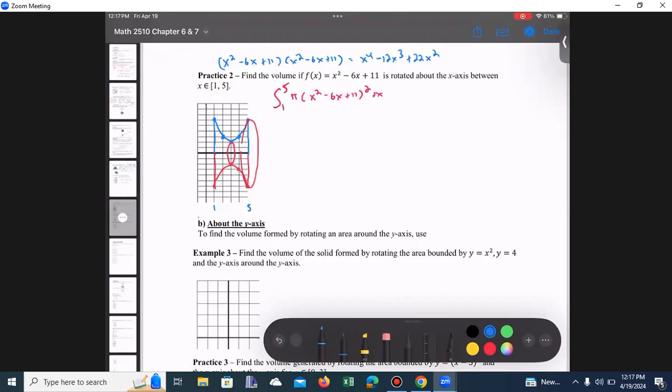And then we'll have 36x squared as well. Let's see, I did x to the 4th, x cubed, x squared, x cubed, x squared, negative 66x. We'll have 2 of those, so we'll have negative 132x, and then 121.